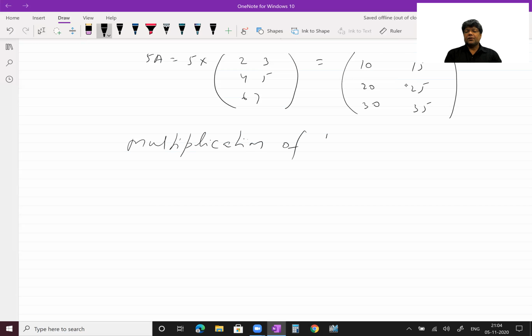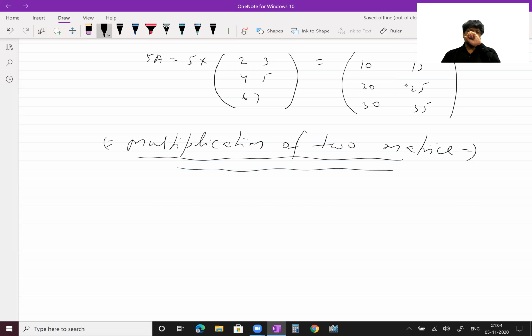Multiplication of two matrices. Guys, this is important because there is a condition that two matrices can be multiplied only if the number of columns in the first matrix is equal to the number of rows in the second matrix.